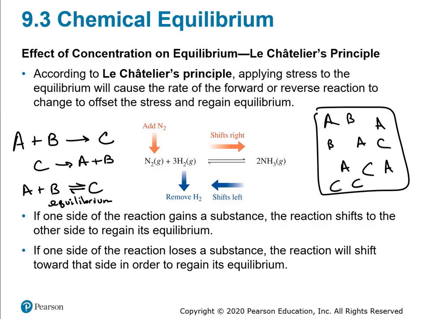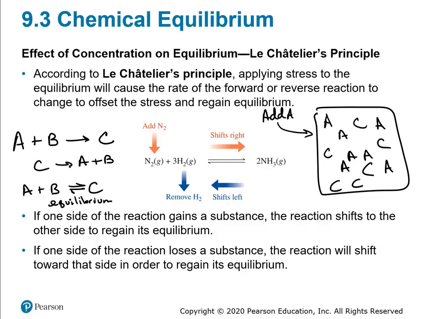So if I add a bunch more A, some of those A's will react with remaining B and make C. This one and this one combine and make another C, and this one and this one combine to make another C. So the forward reaction will occur to try and balance it back out again.